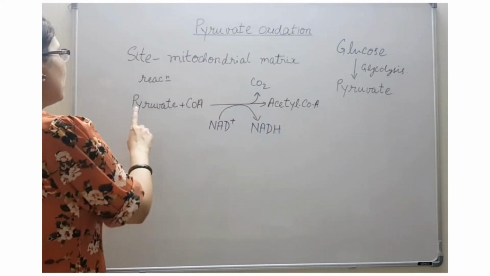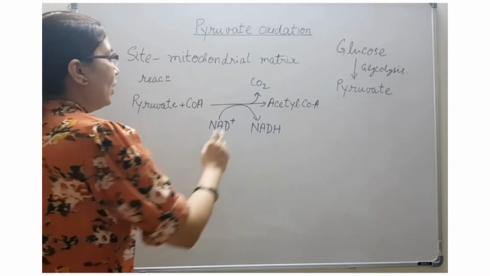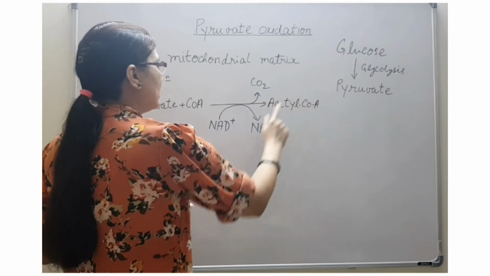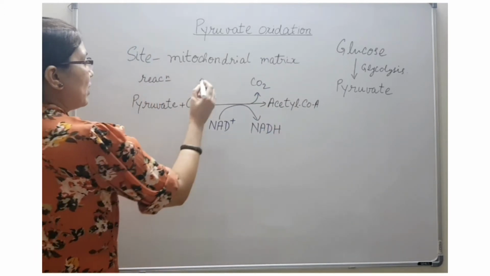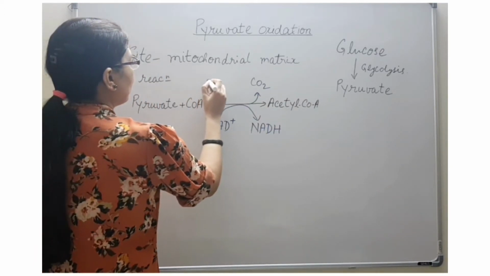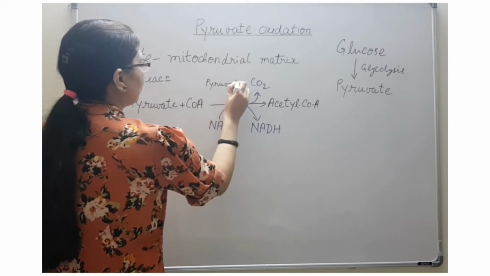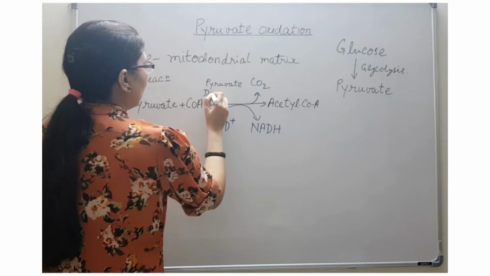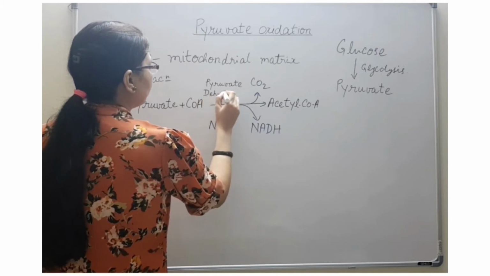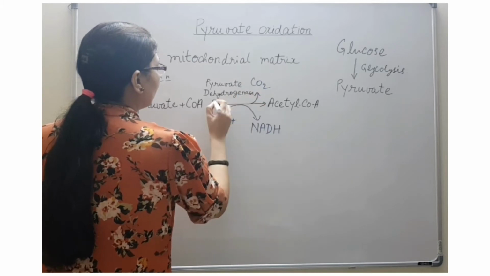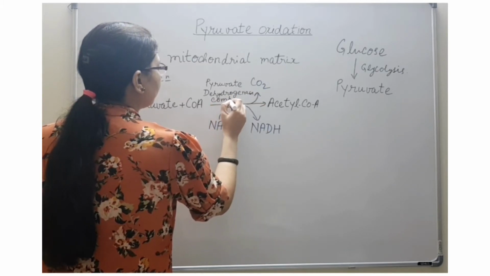So the 2 carbon of the pyruvate gives the acetyl part of acetyl coenzyme A, and this reaction is catalyzed by the enzyme pyruvate dehydrogenase complex.